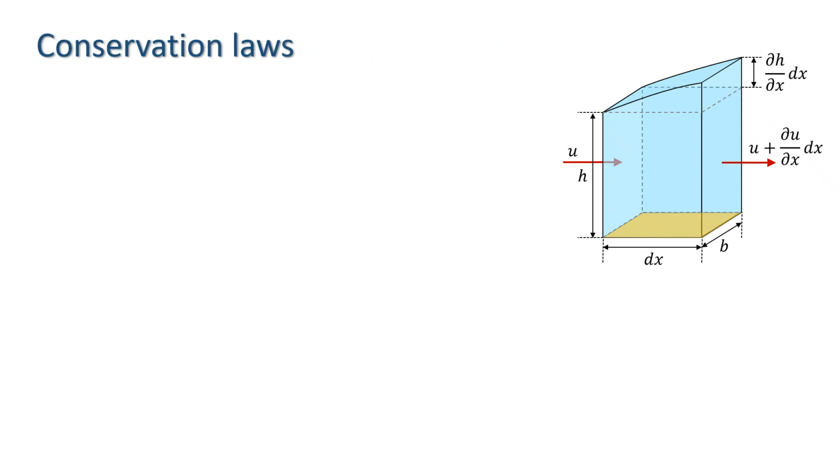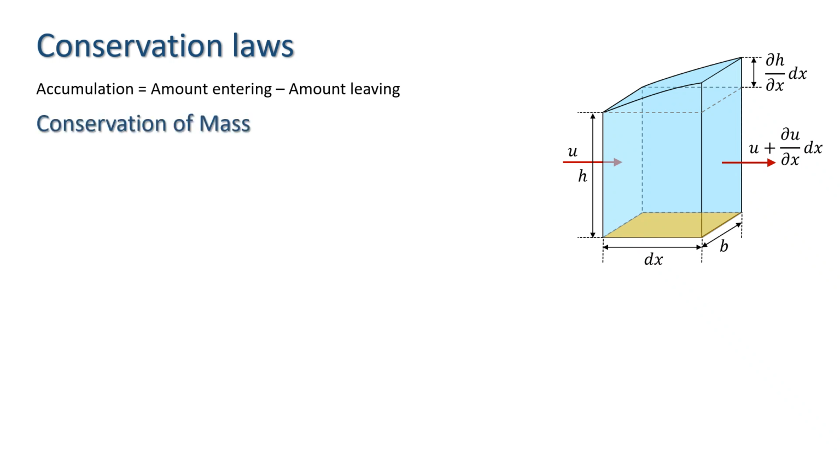Now, we're dealing here with conservation laws. If a variable is conserved, then we can state that the accumulation of that variable within a control volume, be it mass, energy, or momentum, must equal the amount entering the control volume minus the amount leaving. So let's start with mass. Let's think first about the control volume itself.